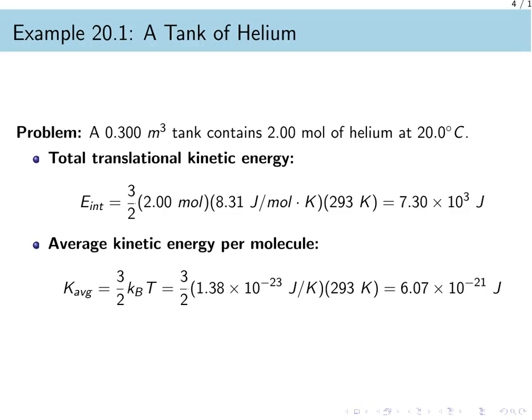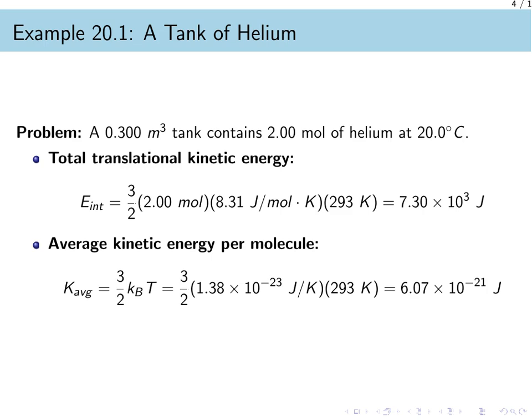To find the total translational kinetic energy, we first convert the temperature to 293 Kelvin. Using our formula, the internal energy equals 3/2 times 2 moles times the gas constant 8.31 joules per mole Kelvin times 293 Kelvin, resulting in 7.30 times 10 to the power of 3 joules.